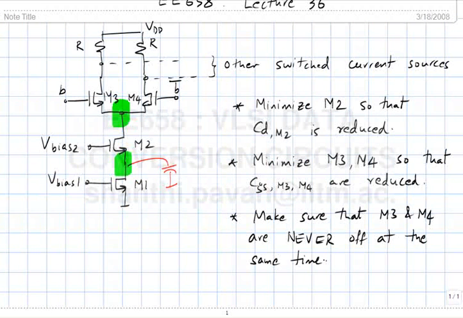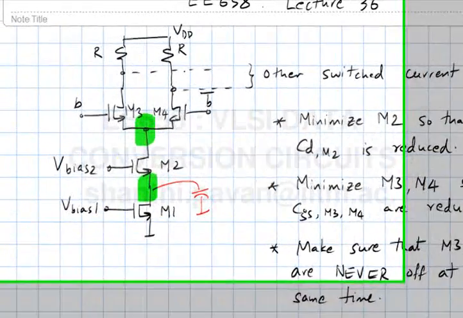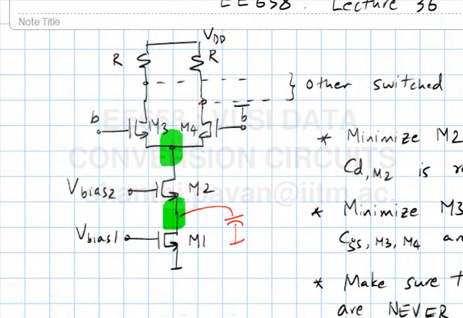All right. How do you figure out if you are meeting the headroom requirement? When is one of these guys likely to go into triode? When this voltage goes to the absolute minimum. And what is the absolute minimum voltage that this guy can take?